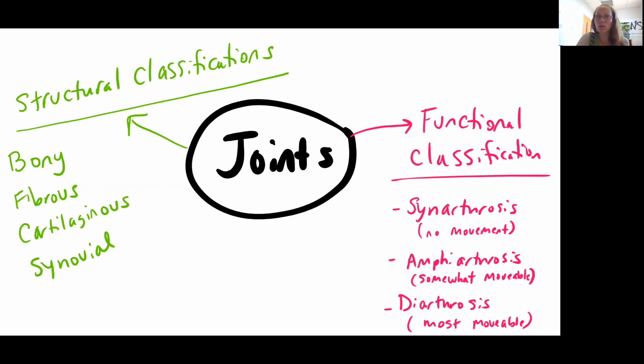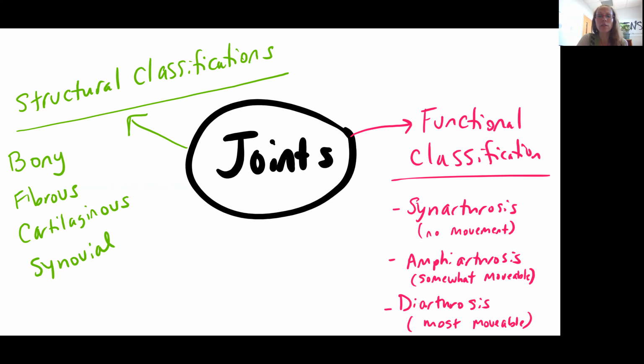Now, just because it's freely movable or the most movable joint doesn't mean there are no limitations. So as we start looking at specific joints, we'll see how they can be limited in their type of movement depending on the bone surface attachment and how the ligaments and muscles and so forth are connected.